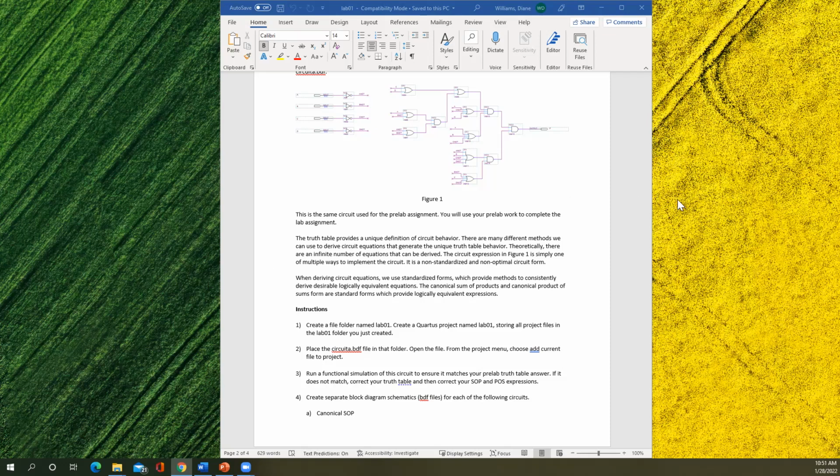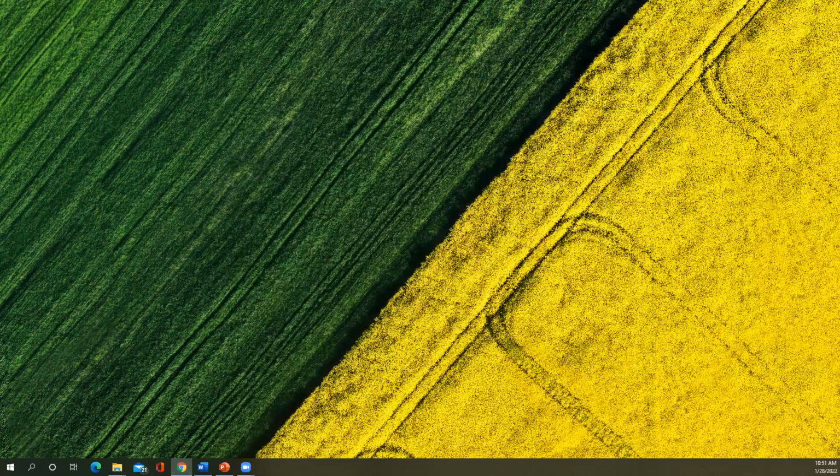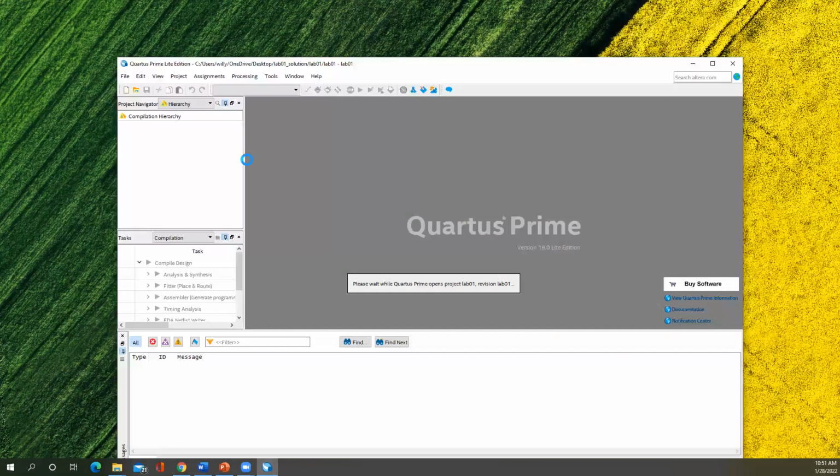So, problem 2, all right, let me bring up the pre-lab. Actually, let me bring up that circuit in the lab form so it's easier to read. Go to those files. I don't know why Quartus sometimes links out to their website.